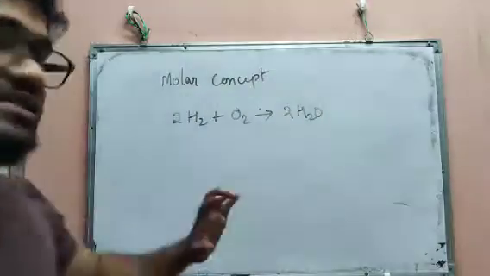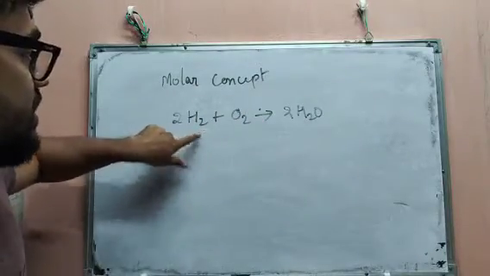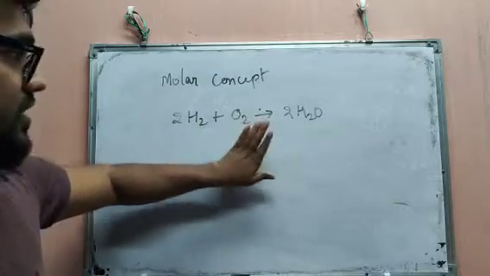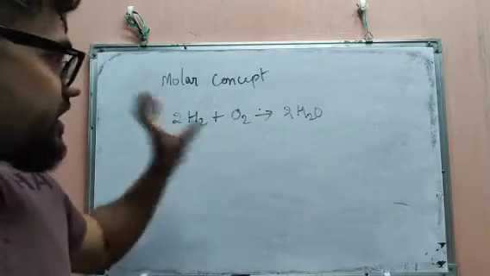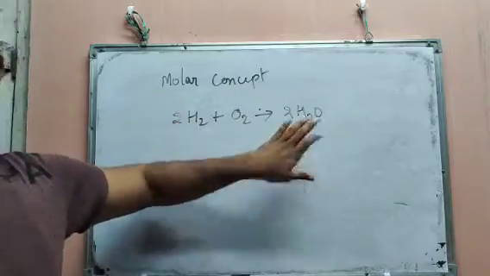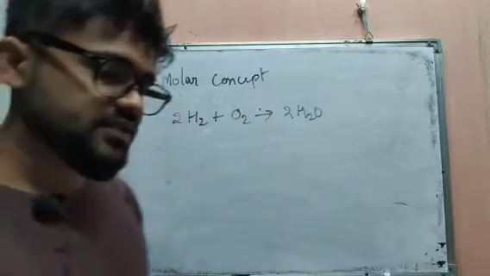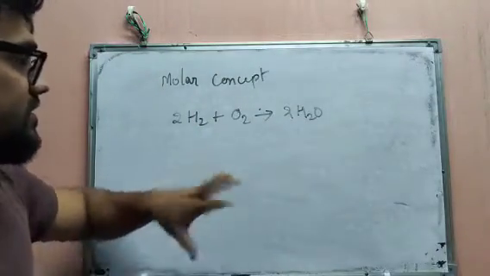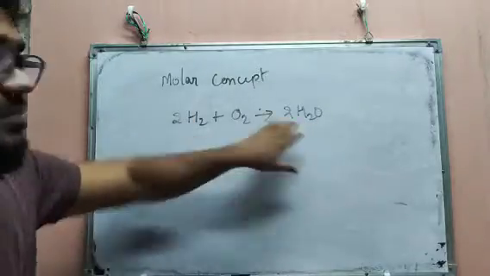So clearly you can see in that equation that hydrogen and oxygen are reacting to form water. In this equation we can see the number of atoms or molecules taking part in the reaction. Here the atoms and molecules, whatever we have, take part in the reaction.